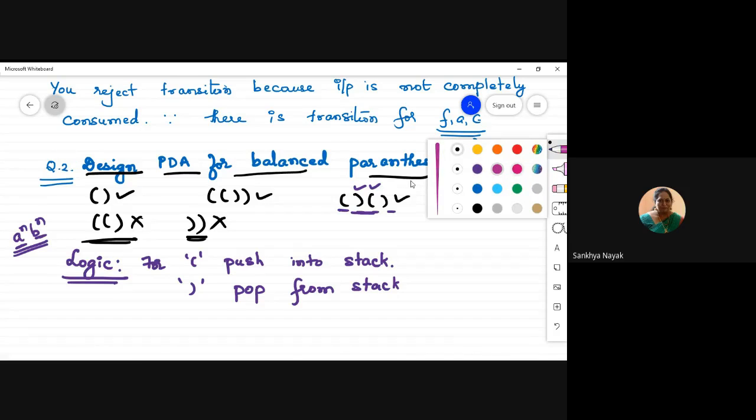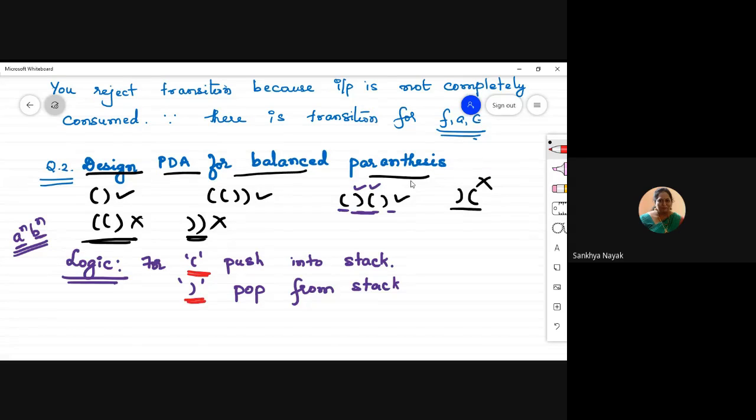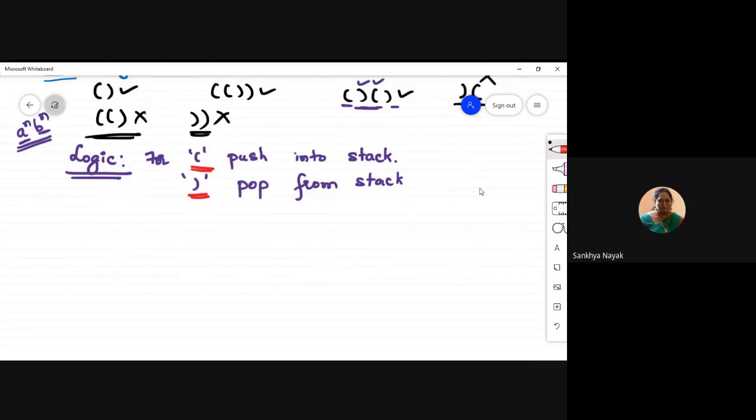Okay. But otherwise, we are going to push whenever you get an open parenthesis and pop whenever you get a closed parenthesis. So let us design it. Okay. It's very simple. Let us be in the starting state and also make it an ending state, because the question has star.